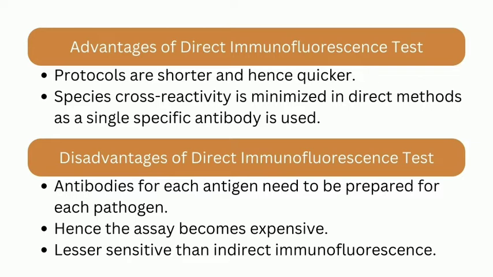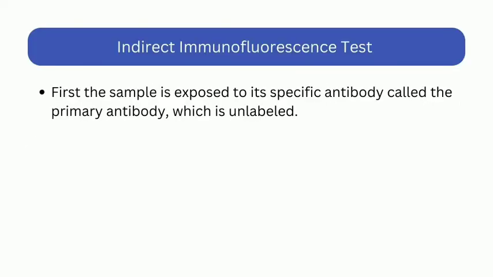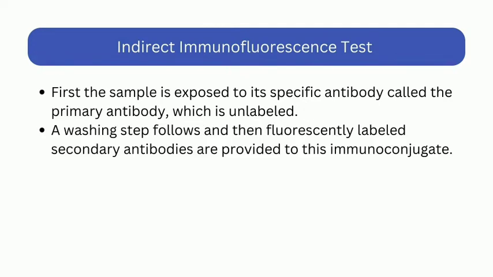Now moving on to the indirect immunofluorescence test. Just like in the indirect ELISA, first the sample is exposed to its specific antibody, called the primary antibody, which is unlabeled. A washing step follows, and then fluorescently labeled secondary antibodies are provided to this immunoconjugate.